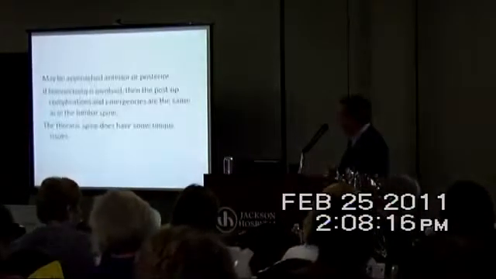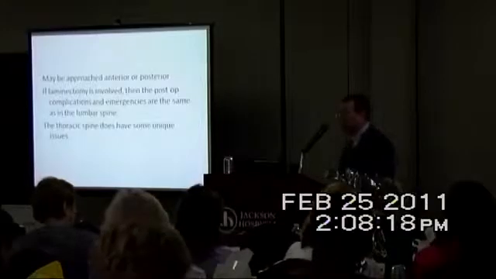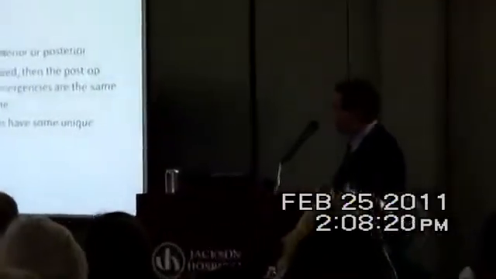Thoracic spine, again, just as the neck and the low back, we go from the front, we go from the back. Essentially, all of the things that we've dealt with in the cervical and the lumbar spines can present in the thoracic spine. The thoracic spine does have some unique issues, however. You can see a pneumothorax.